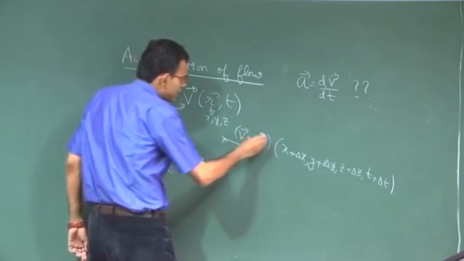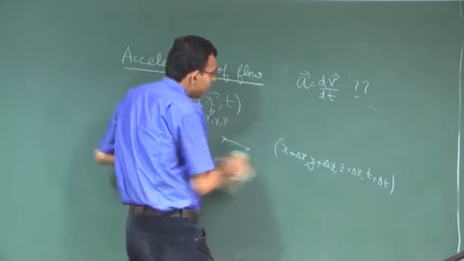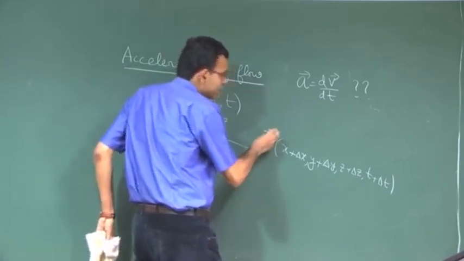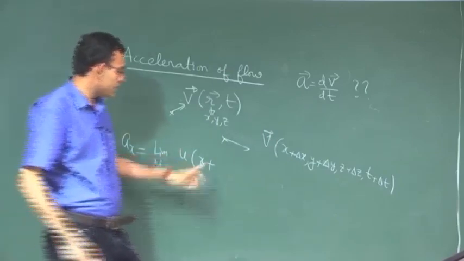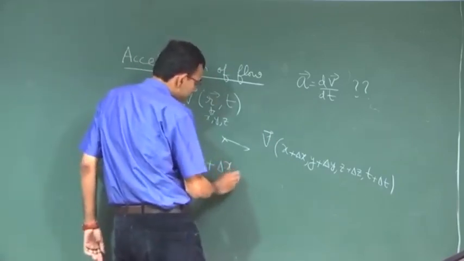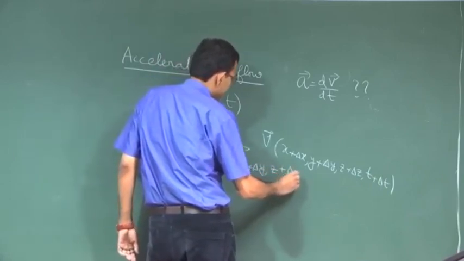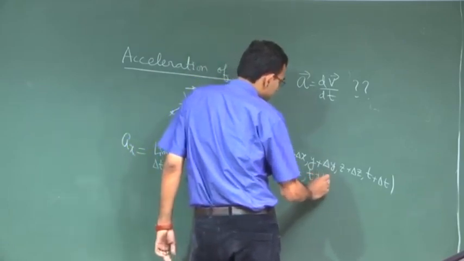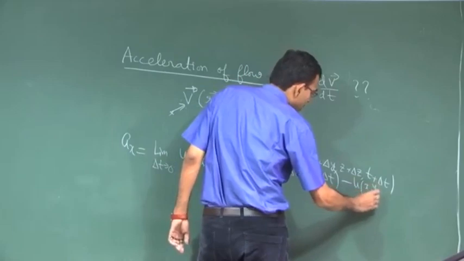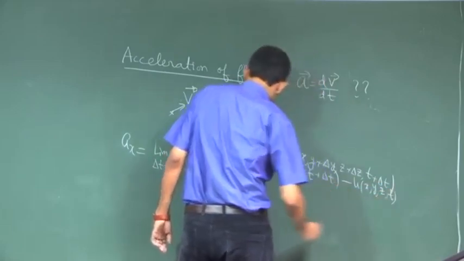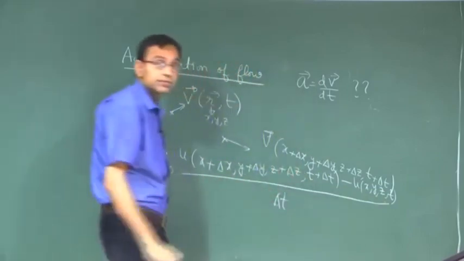So, in a functional form we do not write v plus delta v, we just write v at x, y, z and t. So, u at x plus delta x, y plus delta y, z plus delta z, t plus delta t, minus u at x, y, z, t, divided by delta t.